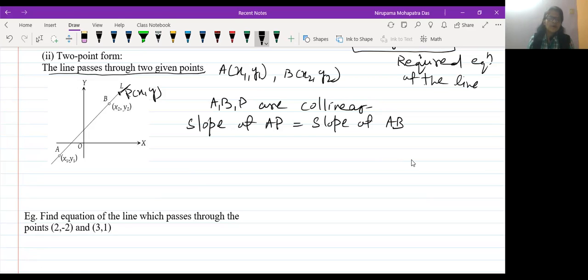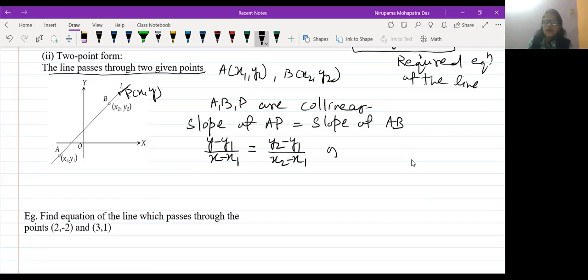The slope of AP would be (y minus y1) by (x minus x1), equal to the slope of AB, which is (y2 minus y1) by (x2 minus x1). This can be taken as the equation of the line in two-point form.